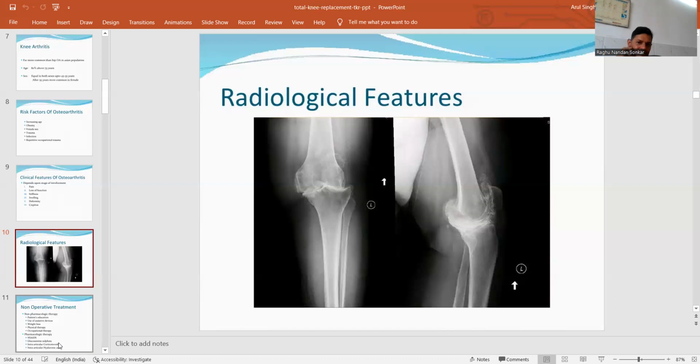The AP standing view is the most specific view in osteoarthritis, and the lateral view gives information about patellofemoral arthritis. So tibiofemoral arthritis and patellofemoral arthritis both are involved in osteoarthritis.